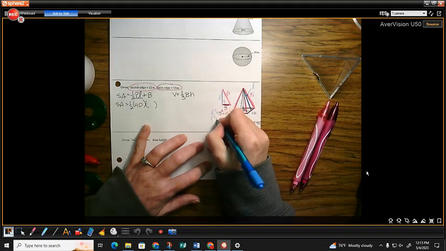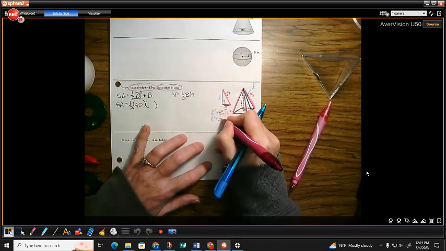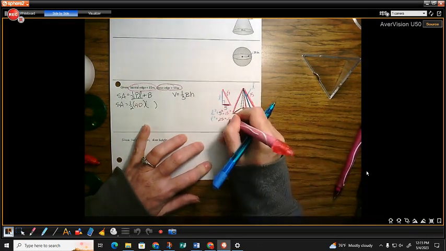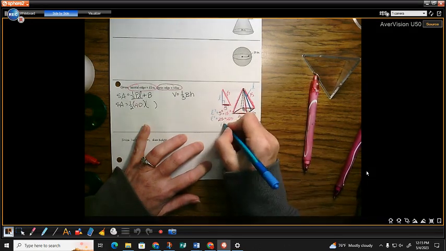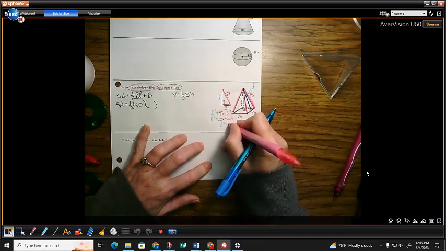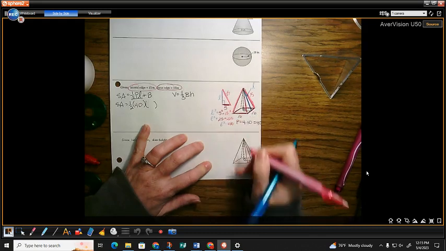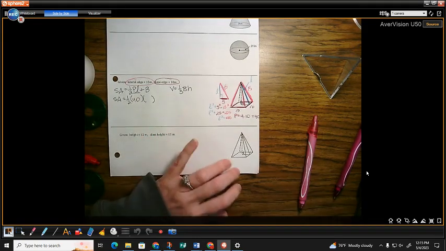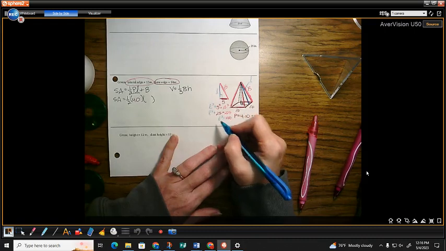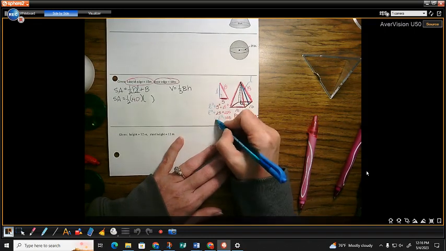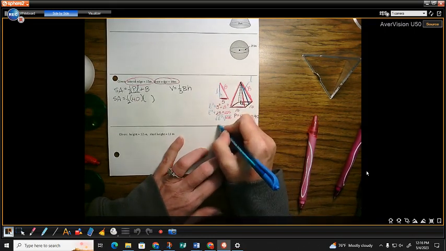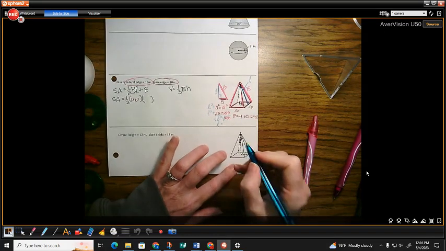So slant height squared plus 25 equals 225. So slant height squared equals 200. But I don't want slant height squared, I just want slant height. So I have to square root it. My slant height is going to equal the square root of 200.